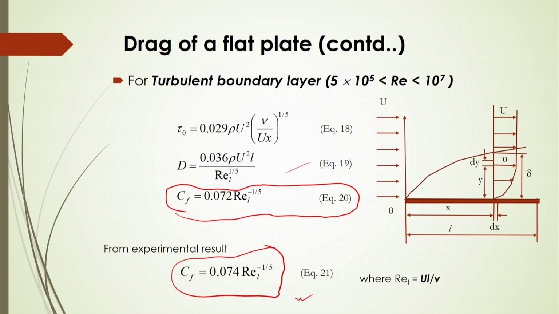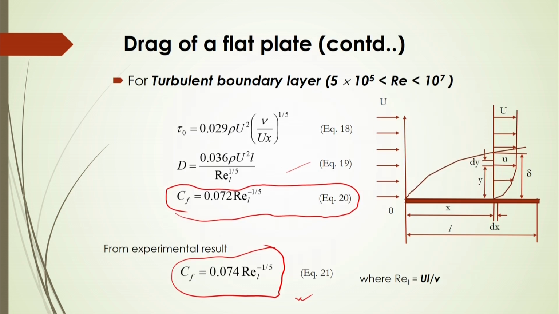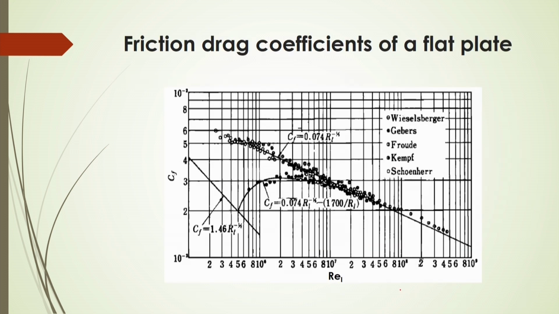So, we can find the drag force and the drag coefficient for the laminar and turbulent boundary layer conditions. Also, the friction drag coefficient CF in equation number 21 you can calculate, or you can take from this graph for further calculation.